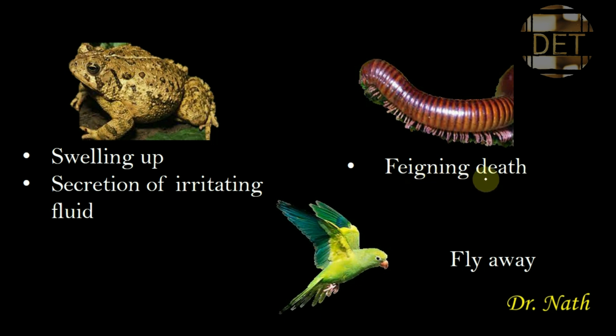This is feigning death. When it comes in contact with a human being or with any other organism, it will immediately fold up, pretending to be dead. Then we have the bird that will fly away once it comes in contact with its predator. So all these are behavioral adaptations that protect the prey from their predators.